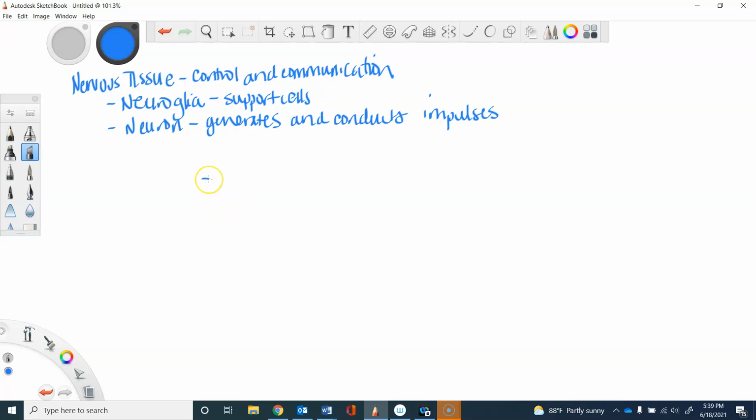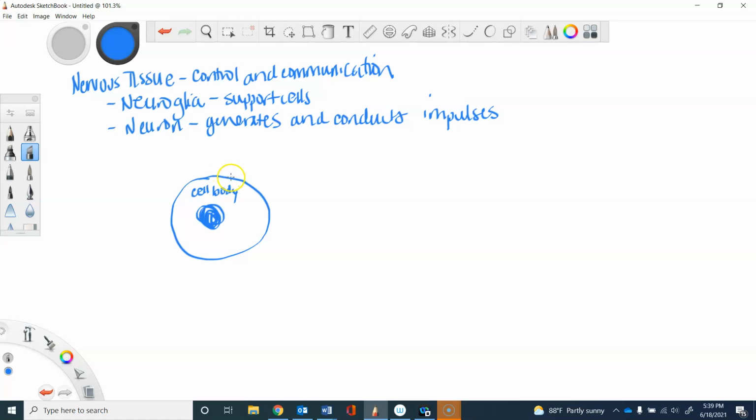And it has a cell body with the nucleus. Okay, so like a cell body and a nucleus. Okay, and what's different about it? I mean, it's a cell, it's got the nucleus, it's got endoplasmic reticulum, it's got Golgi, it's got all that stuff. But it has a couple other unique features.